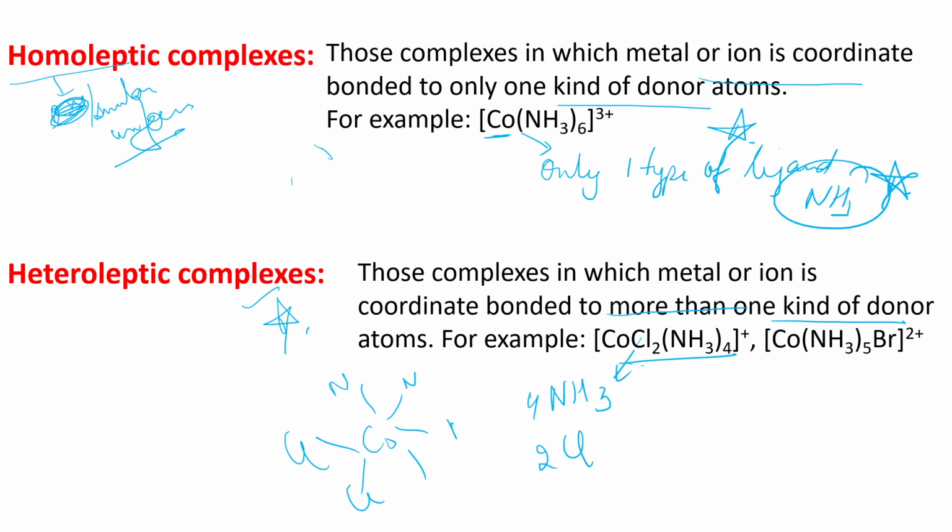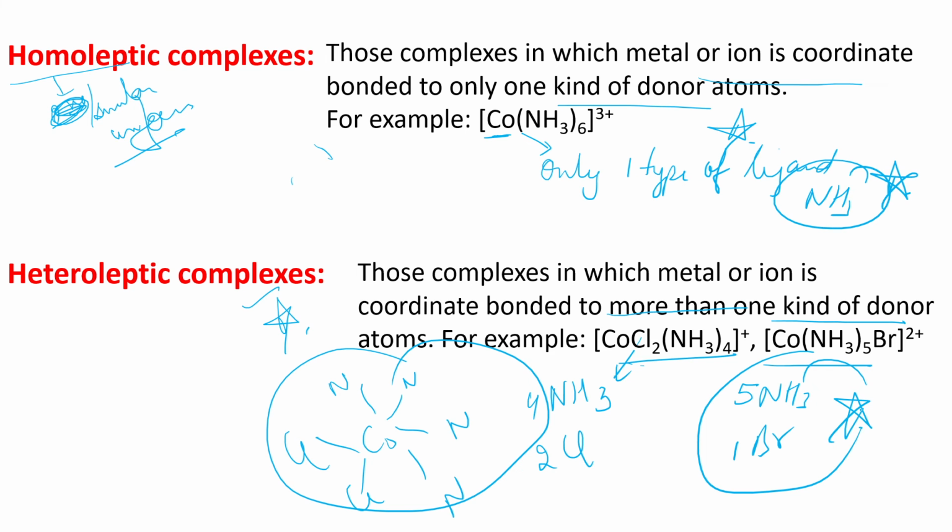These nitrogens are for ammonia. And in this complex, five ammonia molecules are coordinating and one bromide ion is coordinating. So such complexes, where different kinds of ligands are coordinated to the metal, are called heteroleptic complexes, and where only one type of ligand is coordinating to the metal, that is called a homoleptic complex.